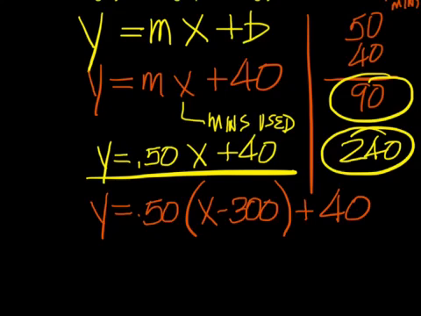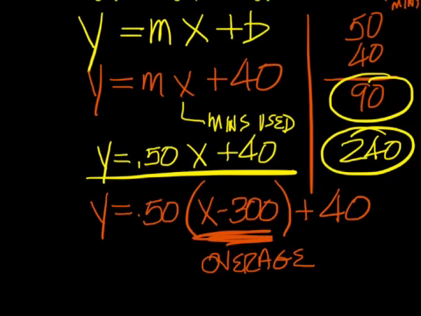So we have 50 cents times the quantity. This whole quantity represents the overage: how many minutes you went over your 300. And then you add the 40 on the end. What does that negative 300 mean?